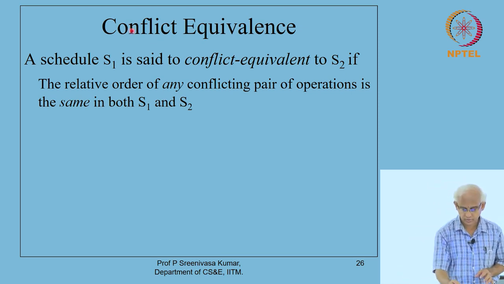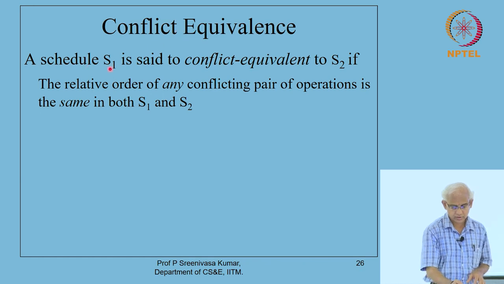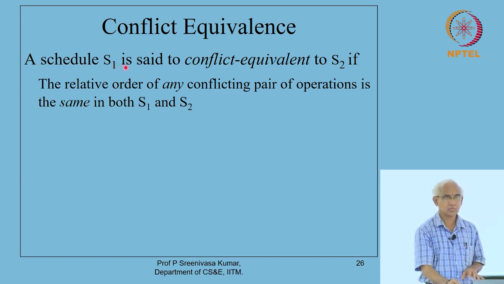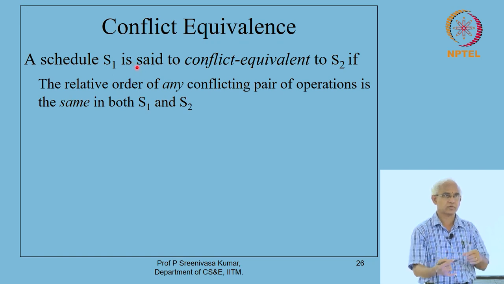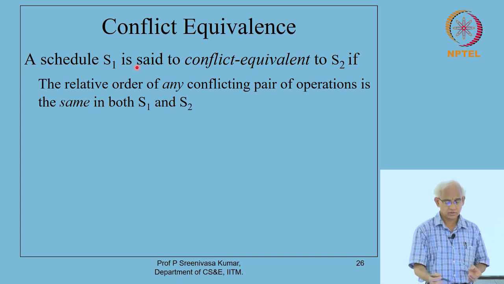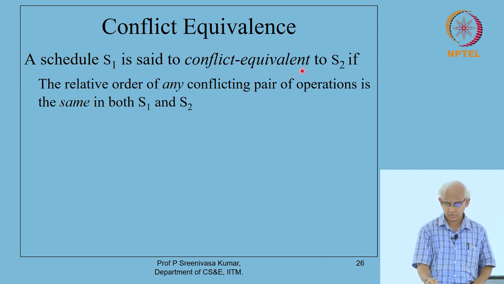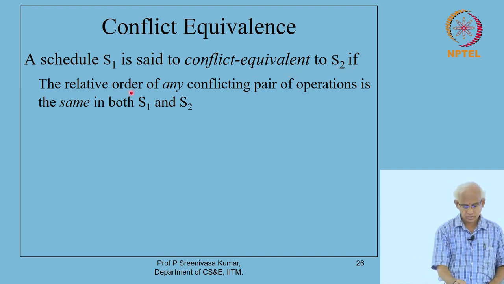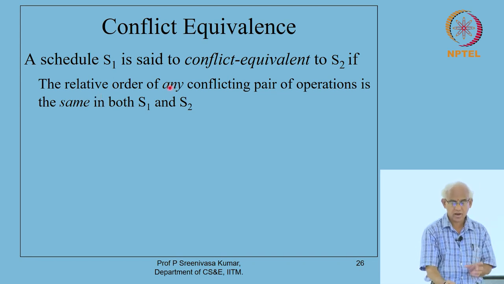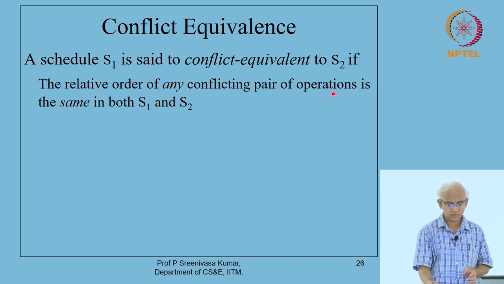Now we give names to these schedules because we have to talk about multiple schedules and then see which are desirable, which are not desirable, etc. So, schedule S1 is said to be conflict equivalent to some schedule S2 if the relative order among any pair of conflicting operations is the same in both S1 and S2.